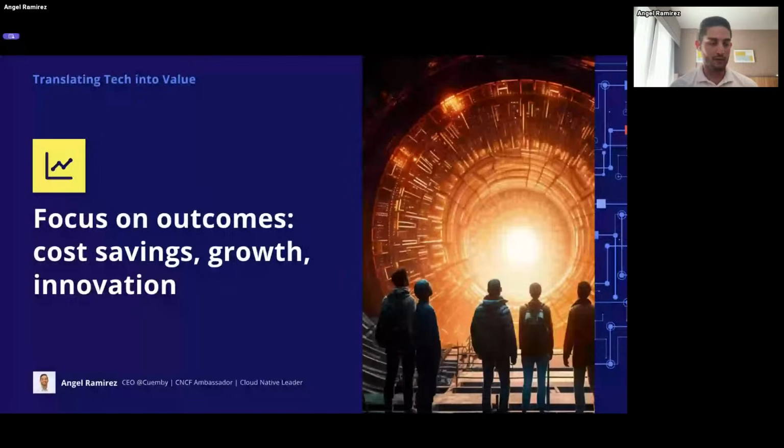You can also tie it to growth. Growth could be, let's say, we can handle more users, our business now goes from 1 million to 10 million, we now have to integrate with other chains, or we have more traffic. Or let's say a telco company where a betting service is added.